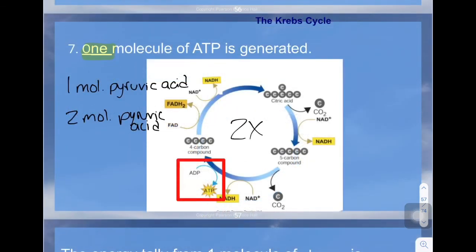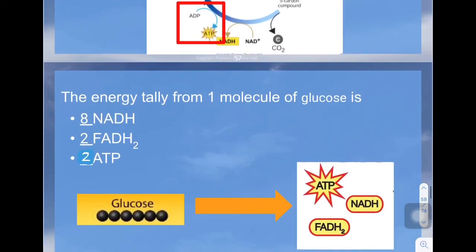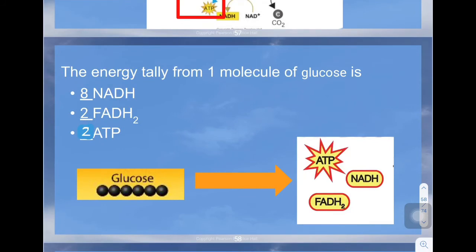those 2 times. So now we can add up our energy totals that we get from the Krebs cycle from just one molecule of glucose. So 2 times around with the Krebs cycle for each molecule of glucose is going to give us the following totals for energy. So we're going to be left with 8 NADH, 2 FADH2, and 2 ATP.